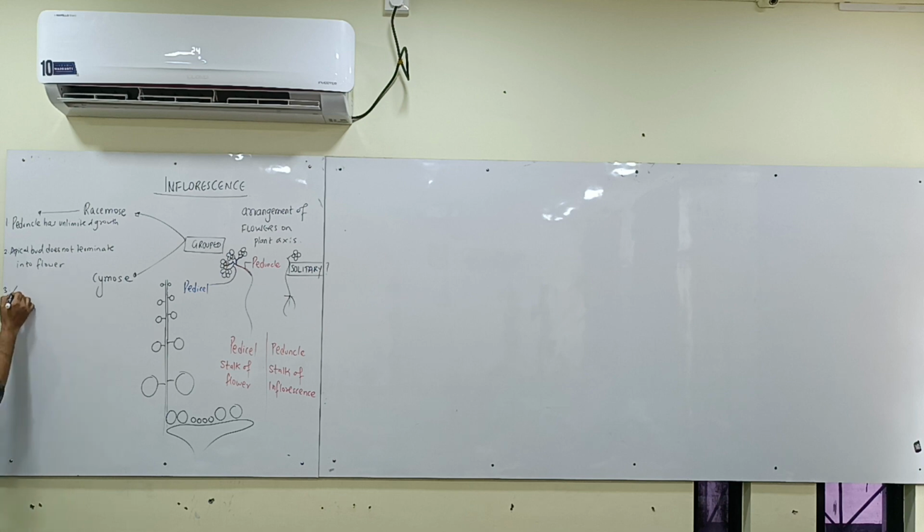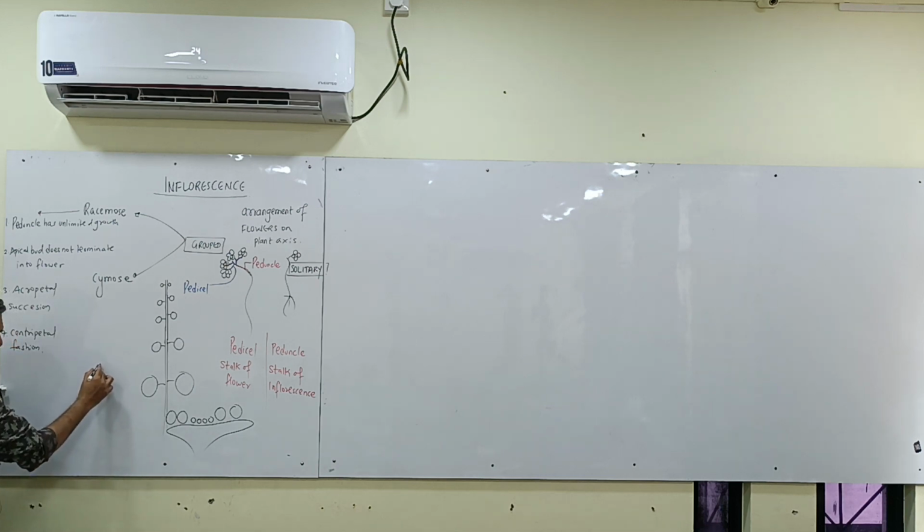So how is the arrangement of the flowers? They are in acropetal succession. Yes or no? Yes. And the opening of flowers is in a centripetal fashion. Understood racemose inflorescence, everyone? Yes. All the 4 points. What about the cymose inflorescence?